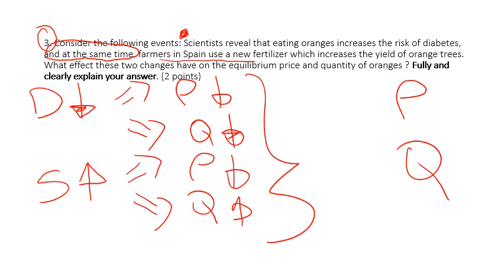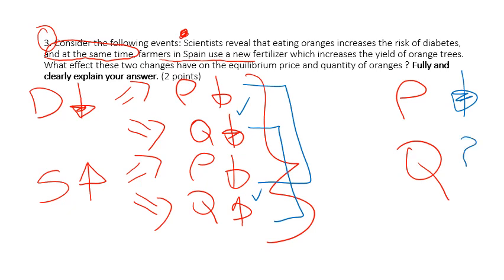So, in regards to price, as you see, price goes down and price goes down. So we're sure that the price will go down. When it comes to quantity, however, you see that quantity decreases here and increases here. So what is the net result on quantity?